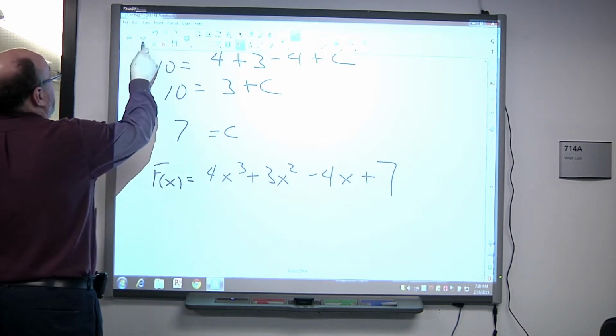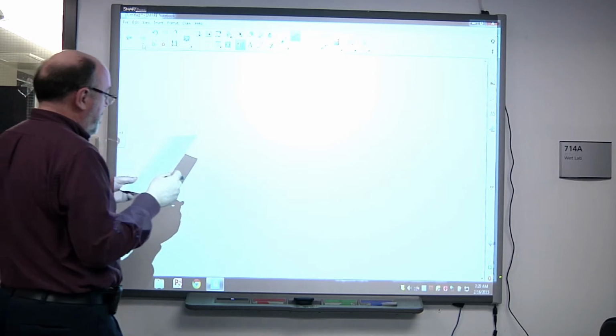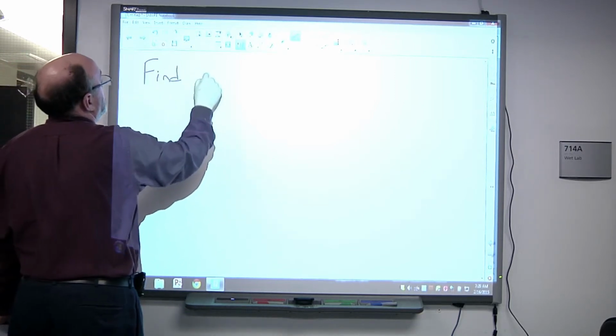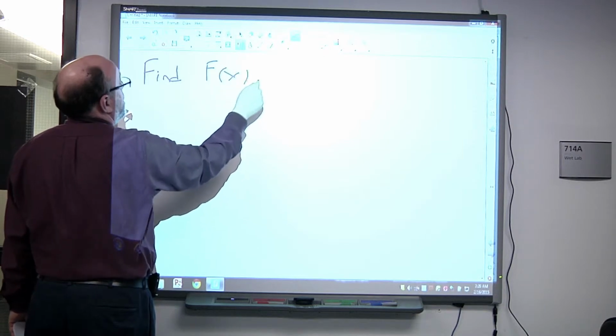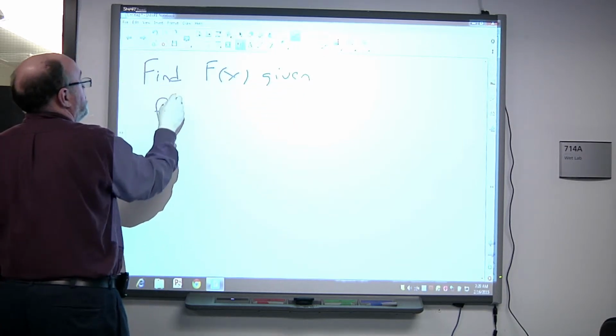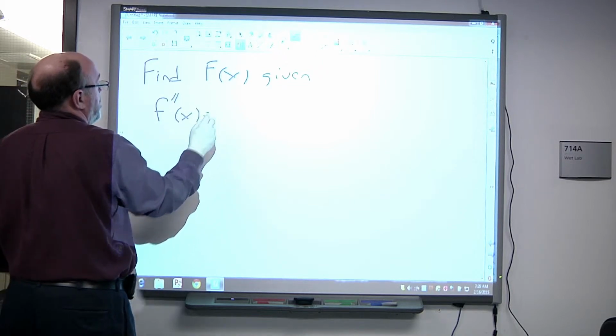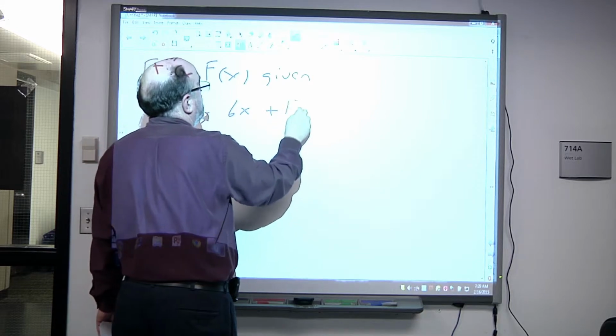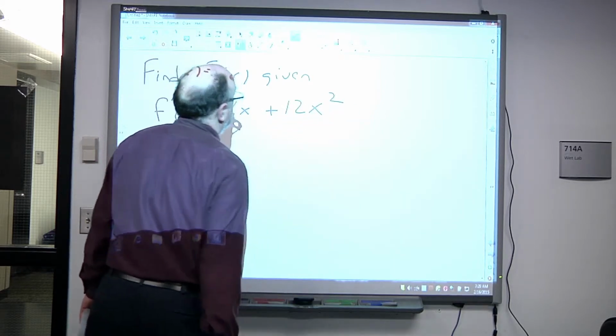So again, let's go through another example. So let's say we want to find f of x, and this time we're given the second derivative, which was 6x plus 12x squared.